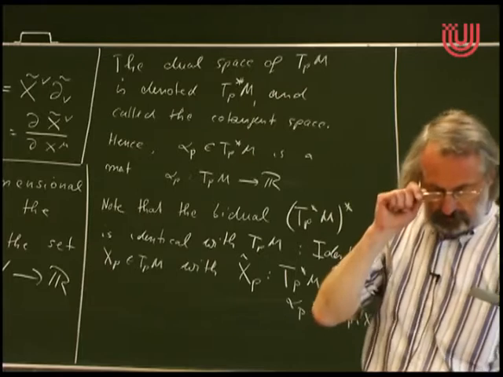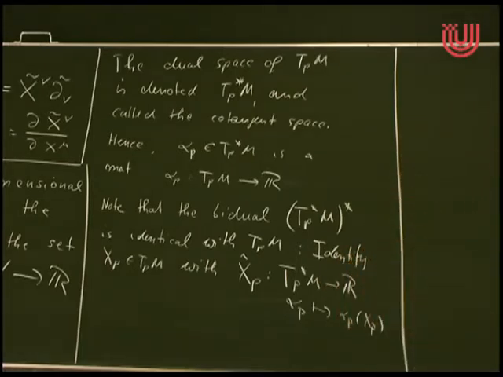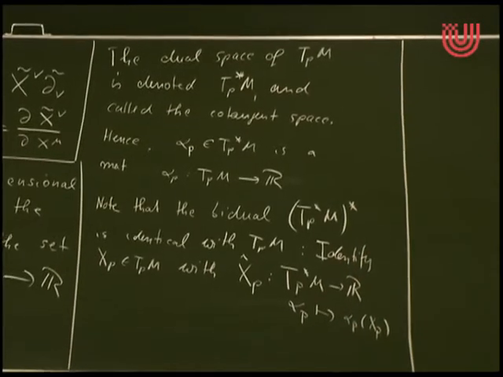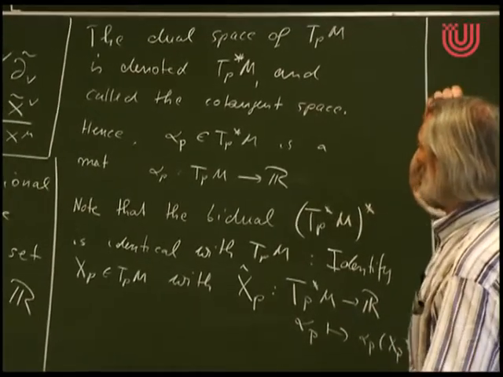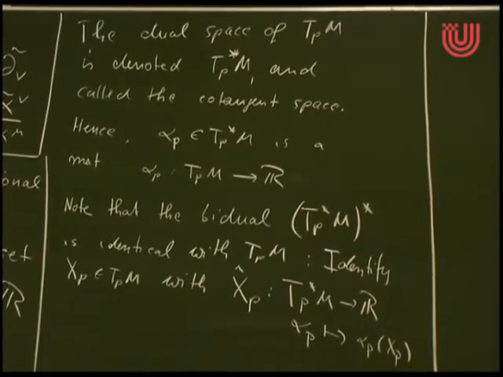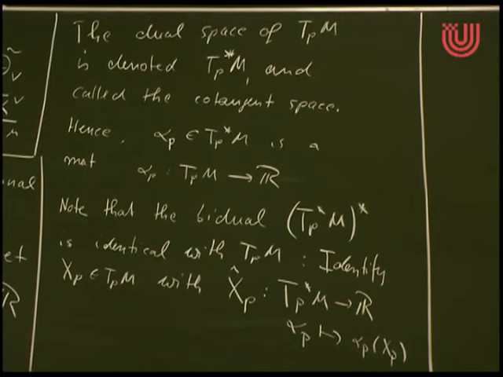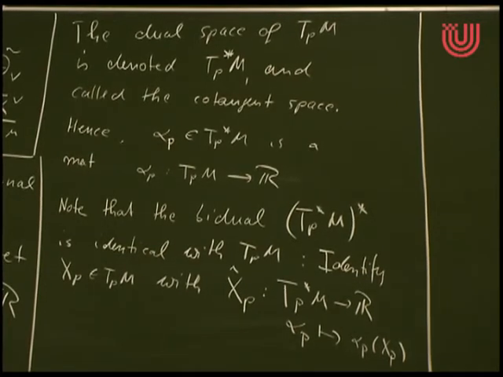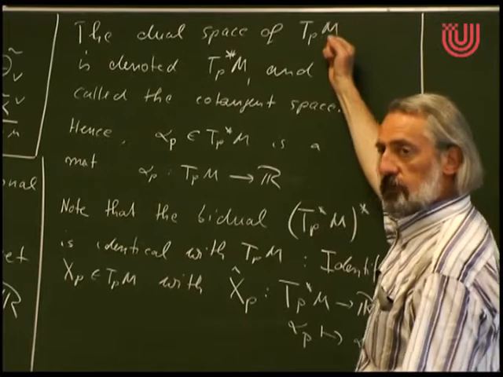So this gives us the covector fields. And the same game we played with the tangent spaces, now we can also play with the cotangent spaces. We can consider something which we call the cotangent bundle. Remember, the union of all these things we call the tangent bundle.